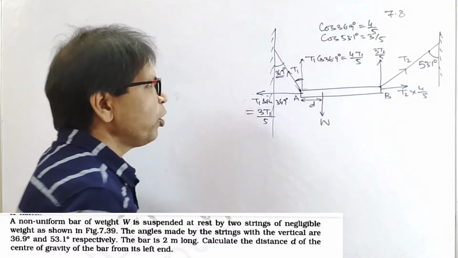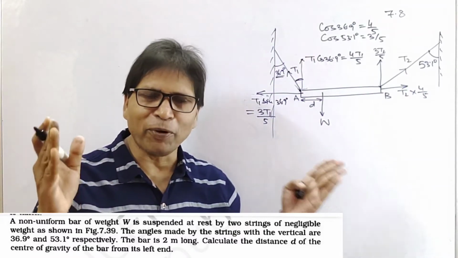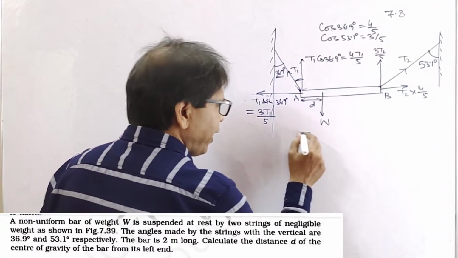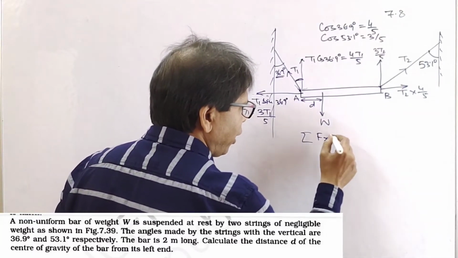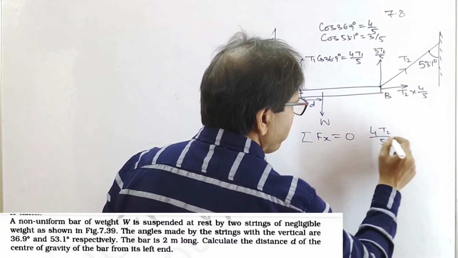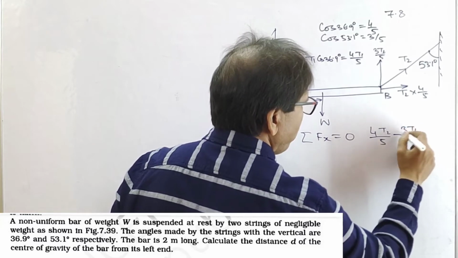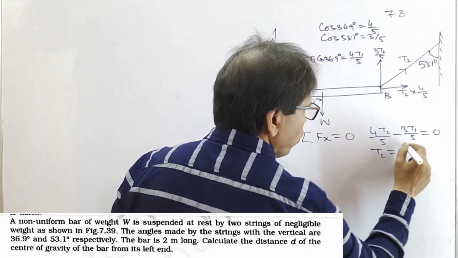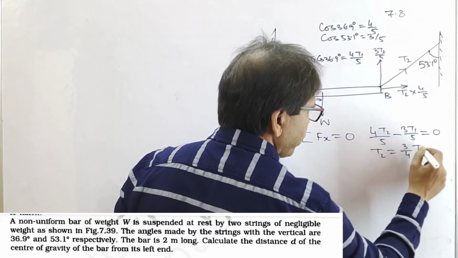Okay, now we have to consider the forces along the x-axis and y-axis. Here sigma Fx is equal to 0. Here 4 T2 by 5 minus 3 T1 by 5 equals 0. So T2 equals 3 by 4 T1.